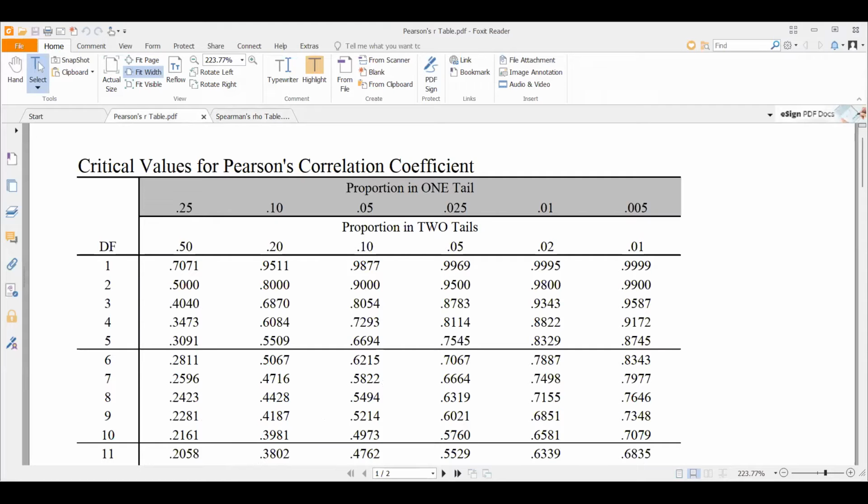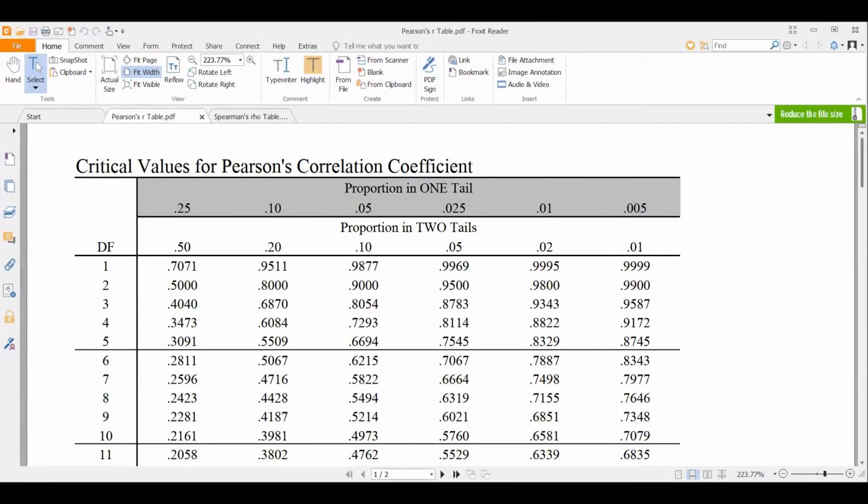So ito muna sa Pearson's R. All right. So here, remember our DF is 6 kasi 8 minus 2 is 6. So andito siya. And we will be dealing with two tails. No? The problem won't specify na if it's a directional test.